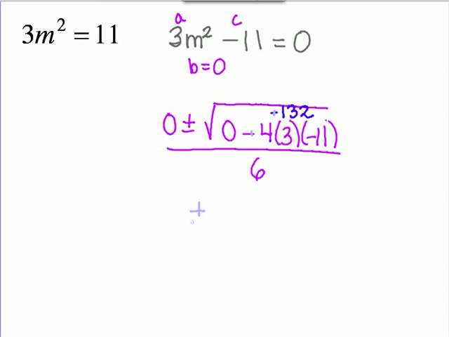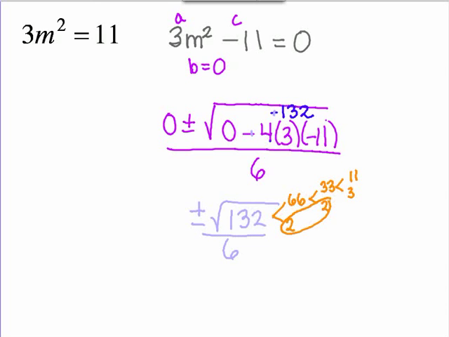So we've got plus or minus the square root of positive 132 over 6. So what I need to do now is break down 132. 132 is going to be 2 and 66. 66 will be 2 and 33, and 33 is going to be 3 and 11. So I can take out a pair of 2's.